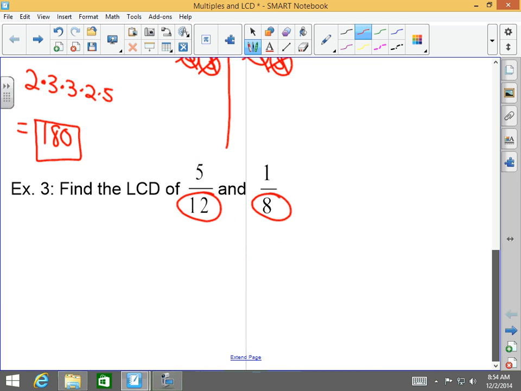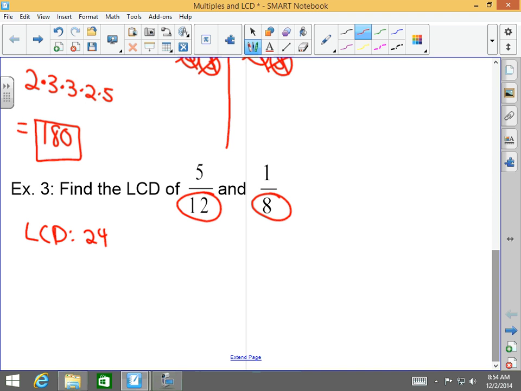So, for those of you that said 2 and 4, 2 and 4 are factors of 12 and 8. What is the least common multiple? Multiples are going to be larger than the 12 and 8. What is the least common multiple of 12 and 8? Yes, sir. 24 is exactly correct. The LCD here would be 24.